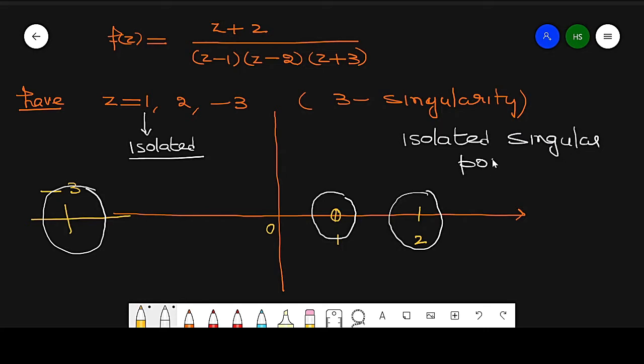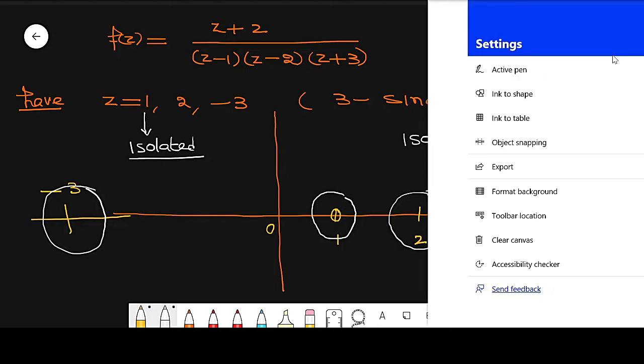So my aim is only to check for other singularities in the deleted neighborhood, not any other place.